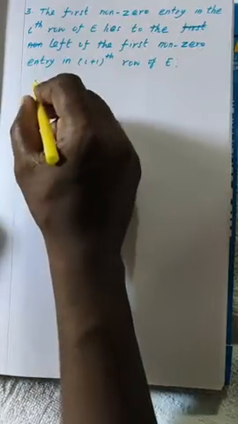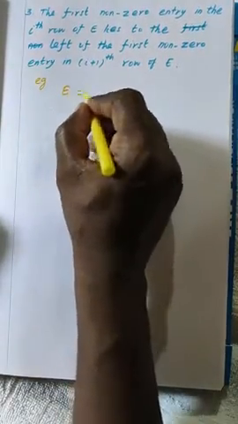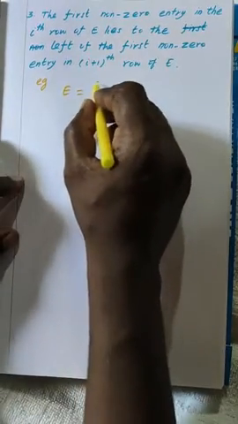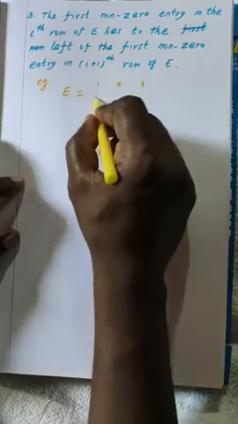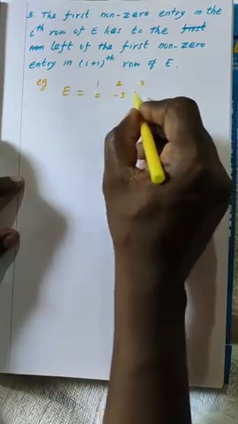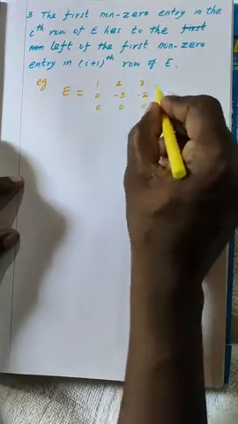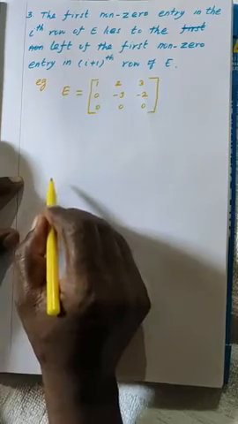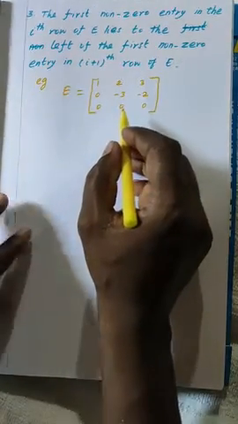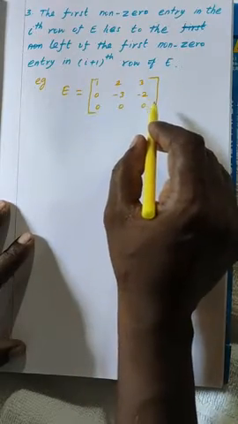For example, consider a matrix E which is in row echelon form having the elements 1, 2, 3, 0, minus 3, minus 2, 0, 0, 0. This is in row echelon form. The first condition: all zero rows of E occur below every non-zero row.